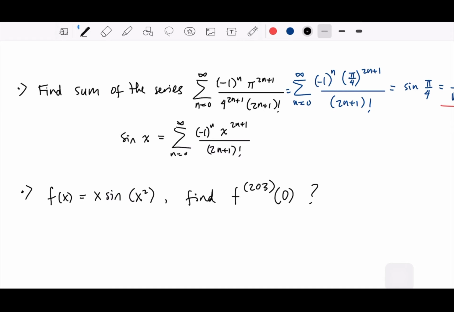Remember it, let me write it so that you won't forget the idea. Let me just write f at 0 and then divide by n factorial. This is for Maclaurin, the coefficient.